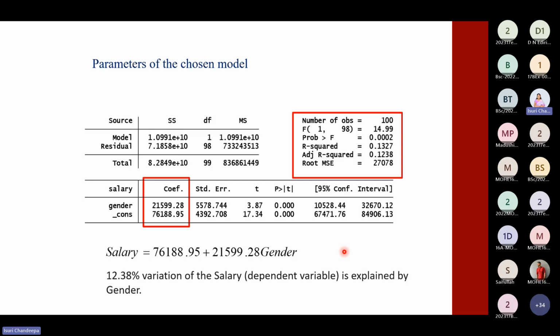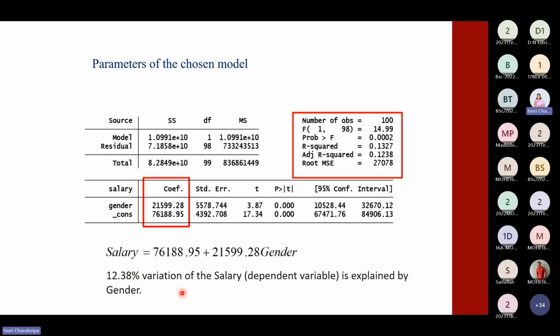That is why the adjusted R square reflects only 0.12. If we subtract 12.38 from 100, definitely about 78% of the variation of salary is explained by factors unidentified in the model.